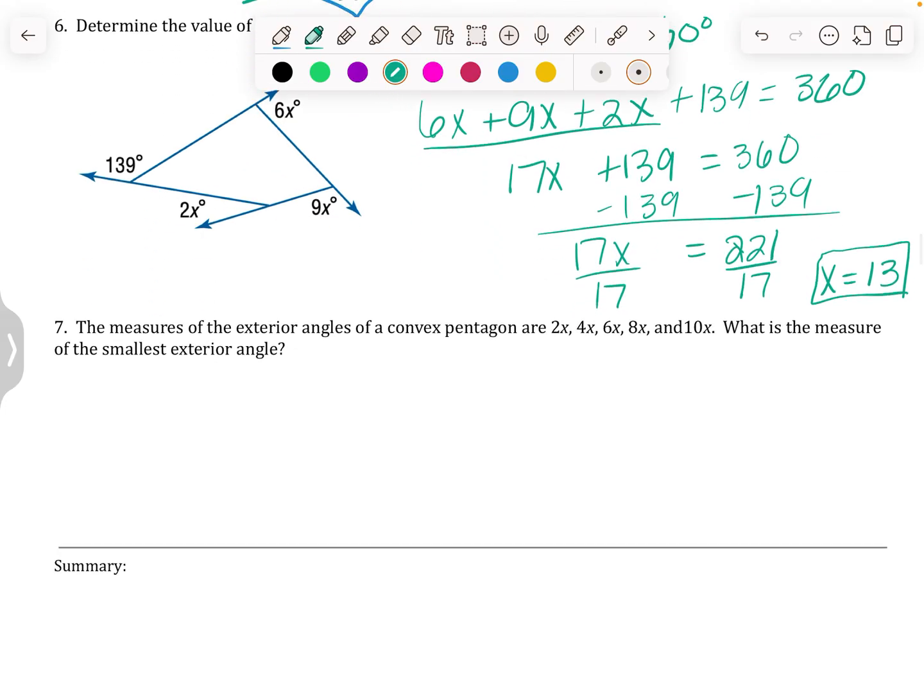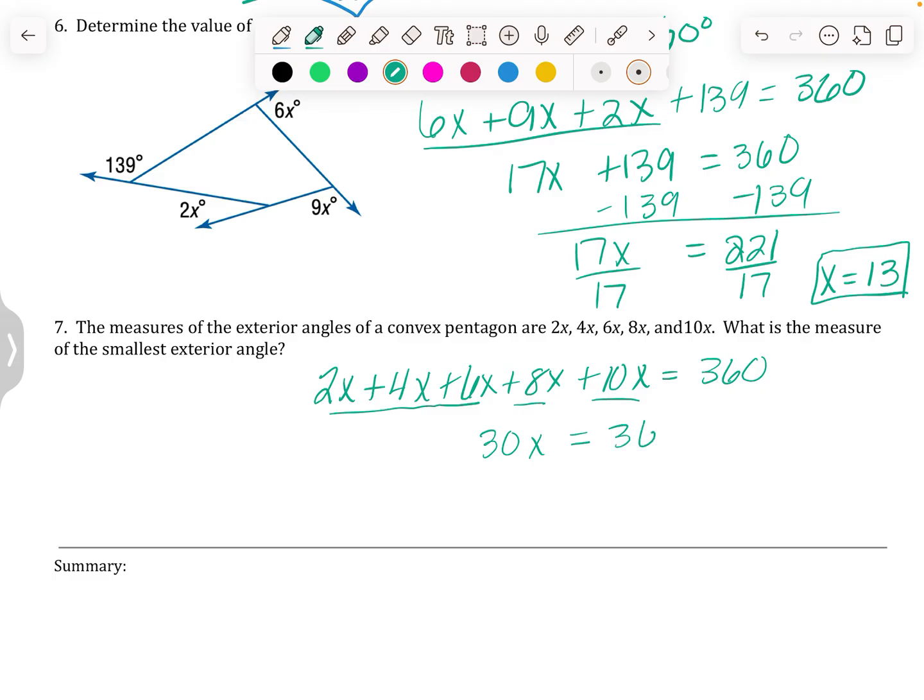All right, last one. The measures of the exterior angles are 2x, 4x, 6x, 8x, and 10x. What's the measure of the smallest exterior angle? First, do the same thing as in the last problem to figure out what x is. 2x plus 4x plus 6x plus 8x plus 10x equals 360 degrees. Combining like terms, 30x equals 360.